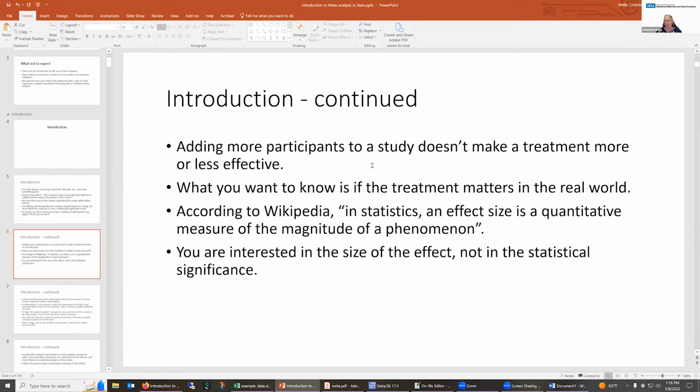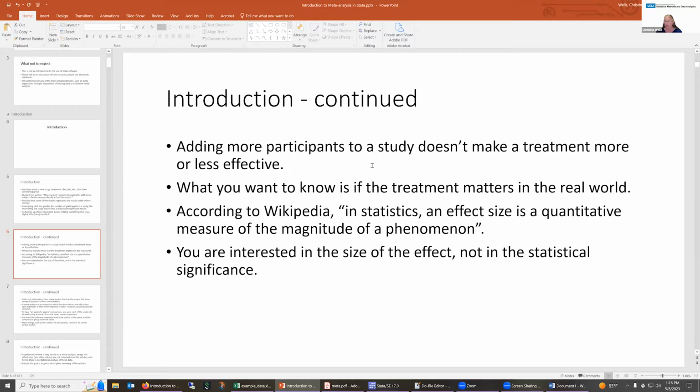Now, according to Wikipedia, in statistics, an effect size is a quantitative measure of the magnitude of a phenomenon. And that's as reasonable a definition as I have seen for effect size. It's a number, a quantitative measure of the magnitude of an effect. And there's lots of different kinds of effect sizes, and we will go over some of those today.